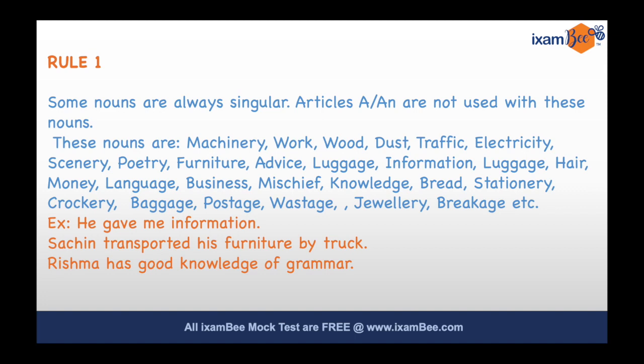For example, he gave me information, or he gave me some information, or Sachin transported his furniture by truck. Now, if you say furnitures, it is incorrect. You must write, Sachin transported his furniture by truck.